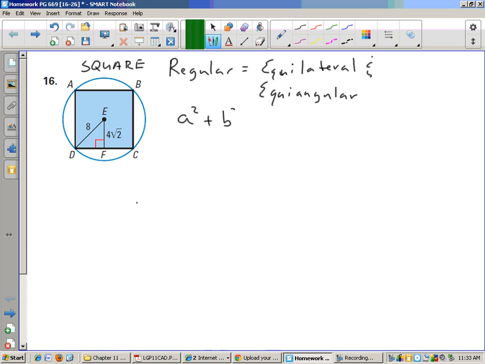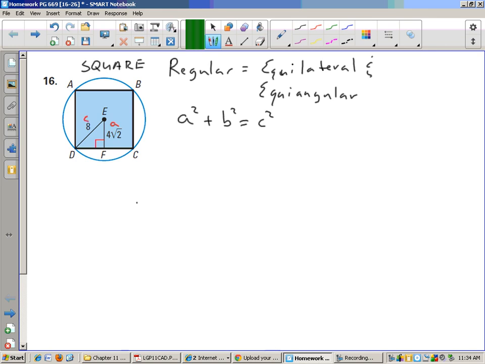A squared plus b squared equals c squared. In this scenario, what would a be? In this one right here, which one would be a? Let's call 4 square roots of 2 a. What would be b? Would 8 be b?